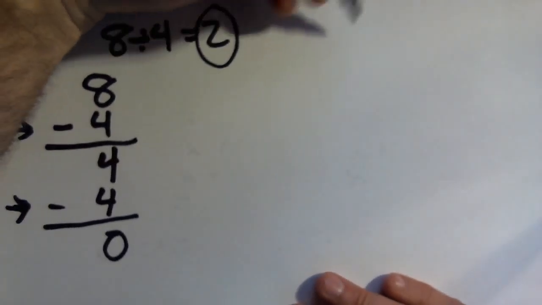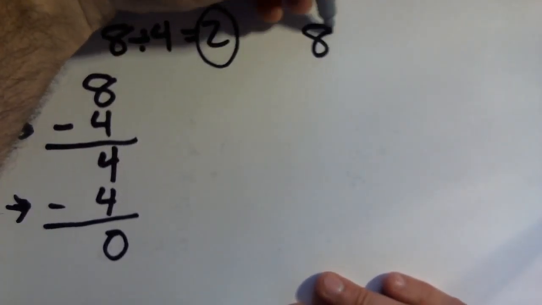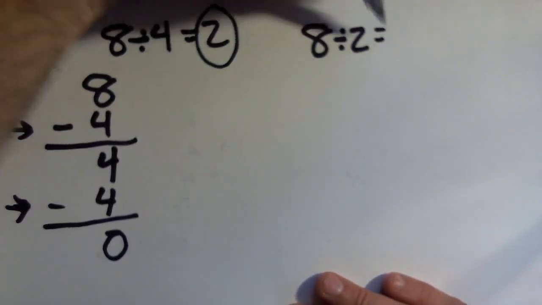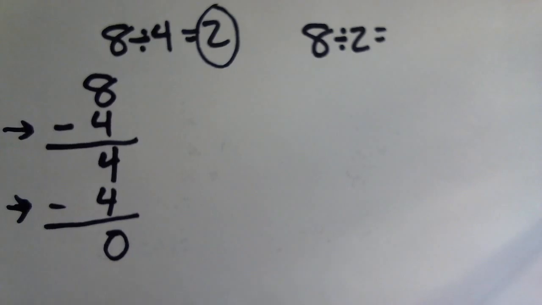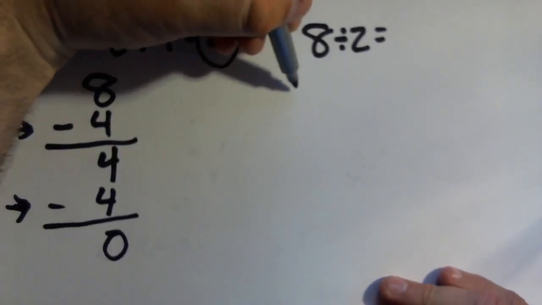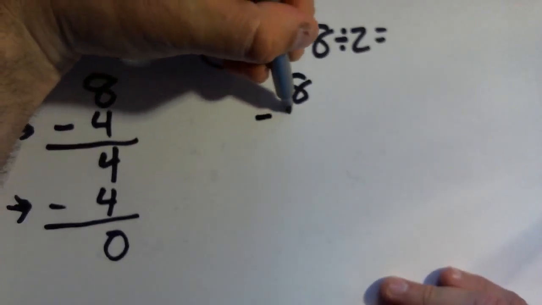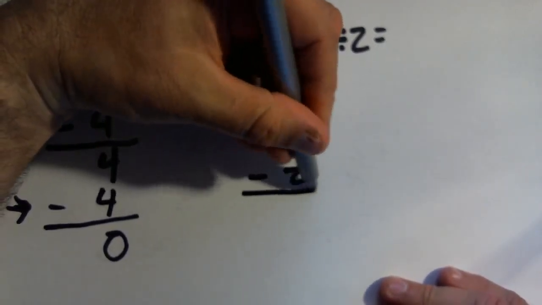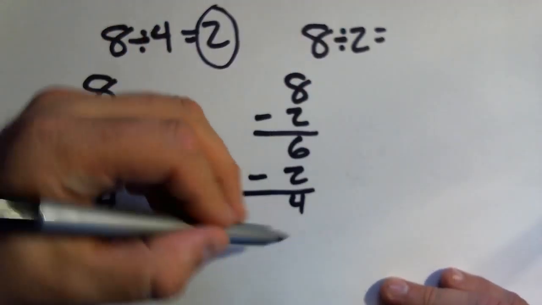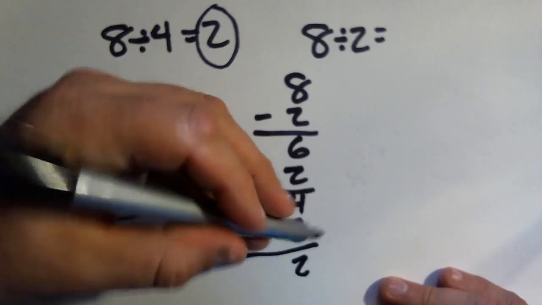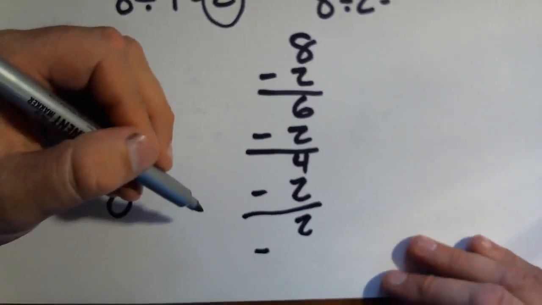So what if we had 8 divided by 2 now? What does that equal? And again, we don't need to learn this method right here. This is just showing you what it's good for. So we would have 8 minus 2 is 6, minus another 2 is 4, minus 2 is 2, and then we're almost to the bottom there.